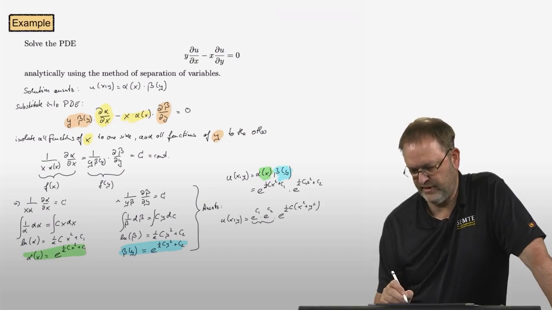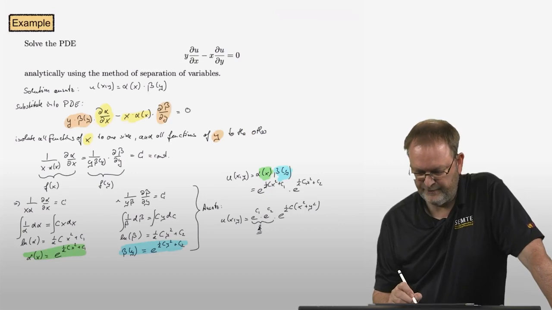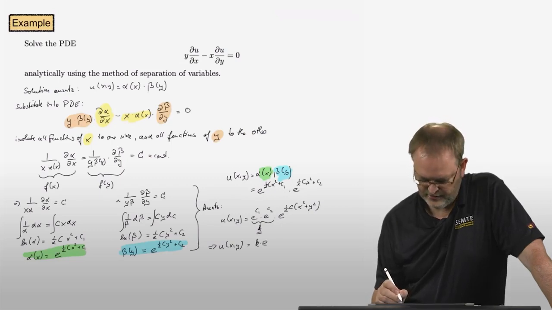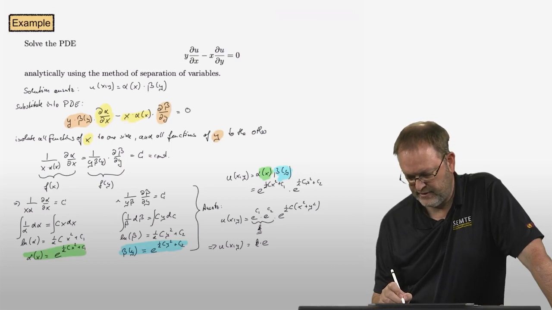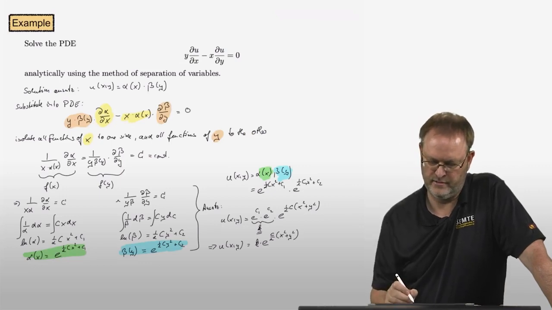And let's call this, with these two constants c1 and c2 that can be combined into a single constant k. So therefore our solution here is u of x and y is equal to k times e to the power c divided by 2 times x squared plus y squared.